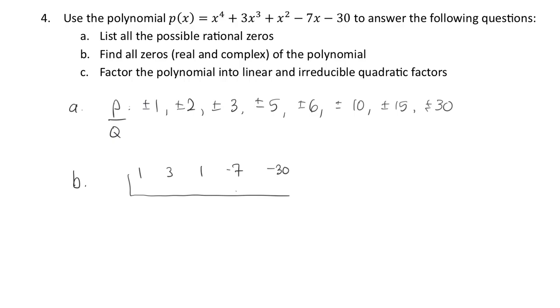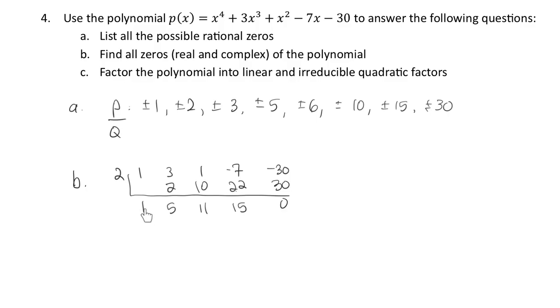I know +2 does. So we go to +2, and we have a remainder of 0. So what this tells us is +2 is a 0 of polynomial p.